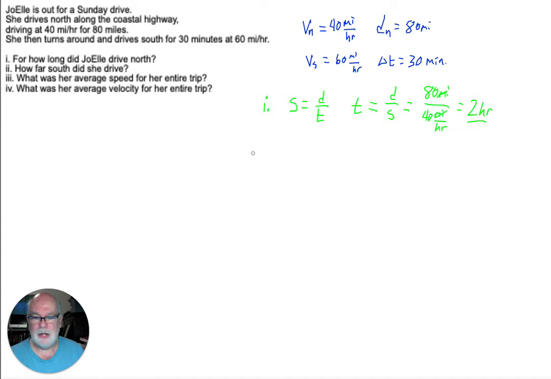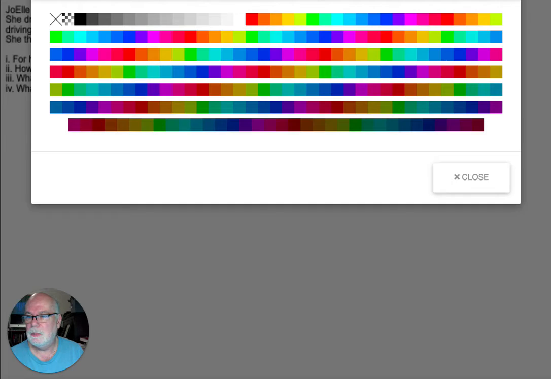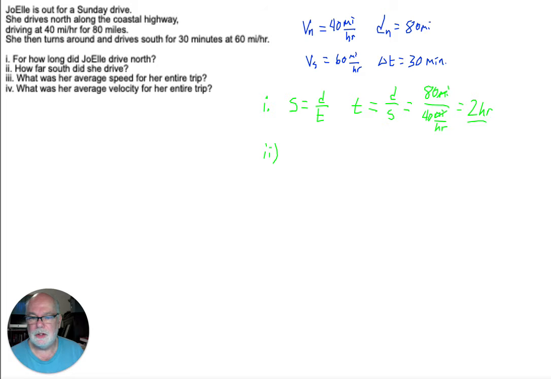The second part of this problem was, how far south did she drive? Let me switch colors. What we know about the south is that she drove at 60 miles per hour for 30 minutes, which, by the way, with the units all having to be the same, is 0.5 hours. I'm going to use the same equation.